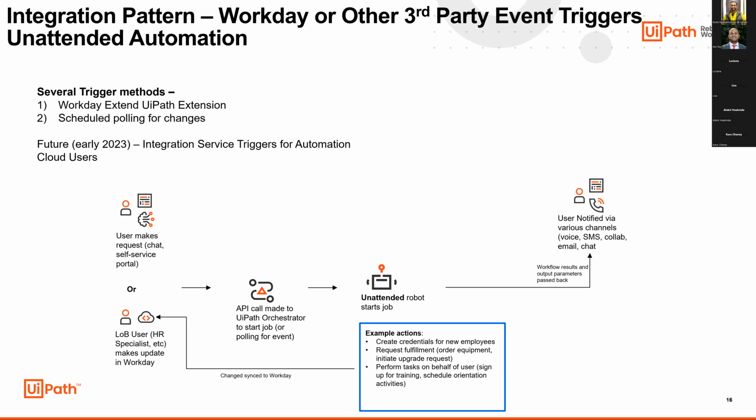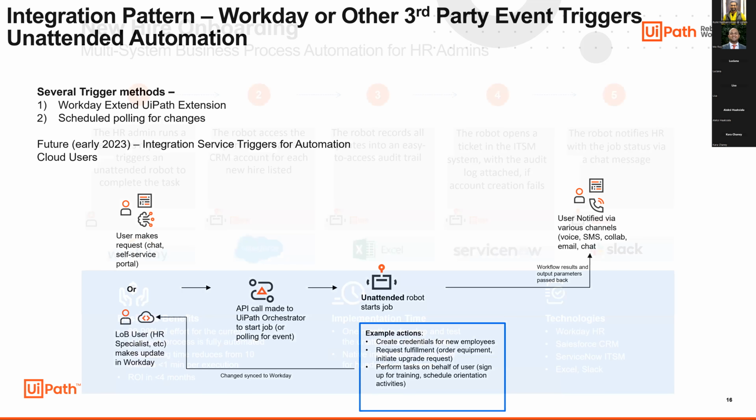But once the user has made that initial request, that can then kick off a very similar process that can go to the line of business user for approvals, but otherwise be largely unattended. And then the line of business user gets the output. So they get, this user has completed their onboarding, they're signed up for their training, their checklist is complete, their laptop has been ordered. Here's a record of what the order was with a transaction ID, something like that.